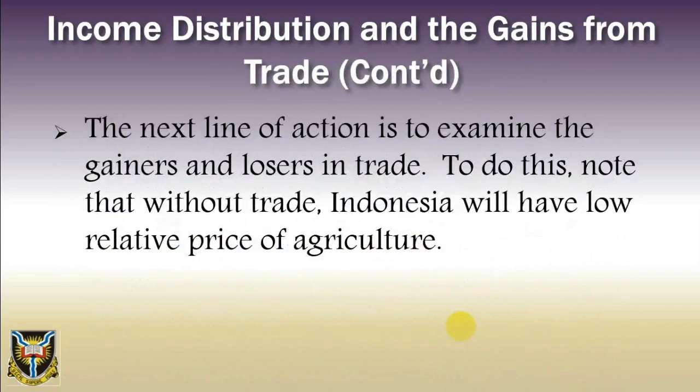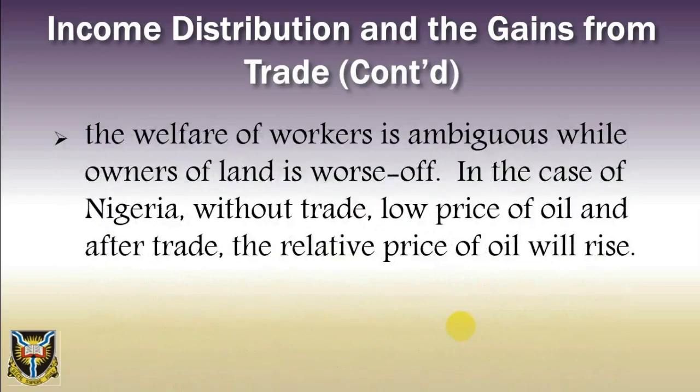To do this, note that without trade, Indonesia will have a low relative price of agriculture. After trade, the relative price of agriculture rises in Indonesia. Thus, owners of natural resources will be better off in Indonesia. The welfare of workers is ambiguous, while owners of land are worse off.